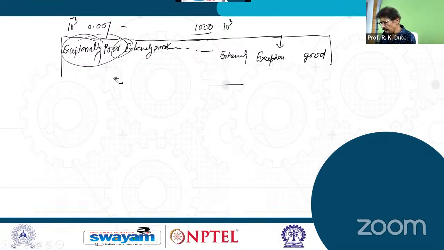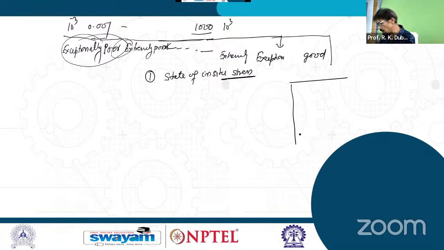Now, as far as the rock load is concerned, we have different approaches. Before discussing the different approaches, we have to analyze certain things for evaluation. First, the state of in situ stress. State of in situ stress means stress already remaining in the ground. Suppose this is the ground.